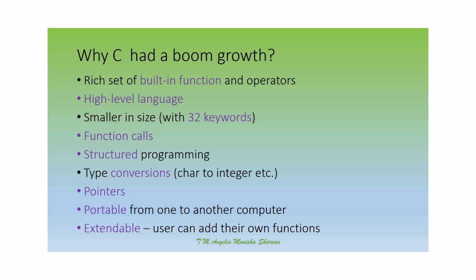It is well structured, with function calls and pointers, and type conversion, that is, data types can be converted from character to integer and so on. It is easily portable from one computer to another computer. And also the main thing is it is extendable, that is, the user can add their own functions to it.